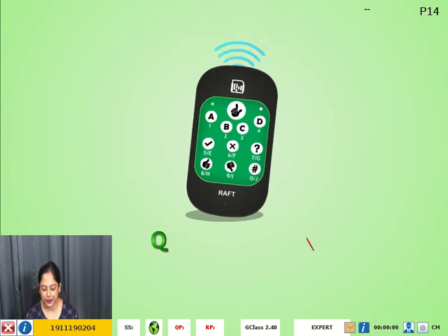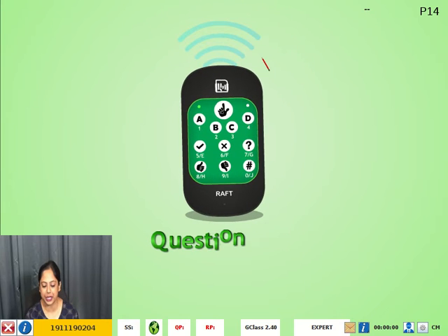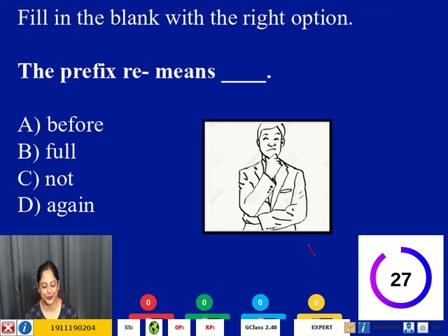Right? Now, I'm giving you 30 seconds. I have a question for you: the prefix re means, you have four options. Before, full, not and again. I'm giving you 30 seconds and your time starts now. You need to find the meaning of the prefix re amongst the four options on your screen.